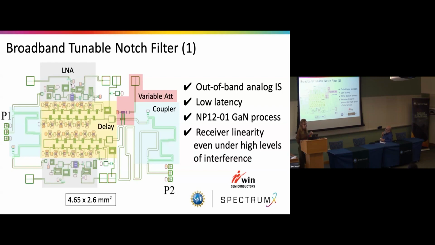You have LNAs to amplify and to compensate for some loss that you have in the delay line. And when you play with those delay lines, you can basically change the notch position. Also, we have a variable attenuator that you can use to control the depth of the notch and the level of attenuation. And all of that will be summed back at port 2.